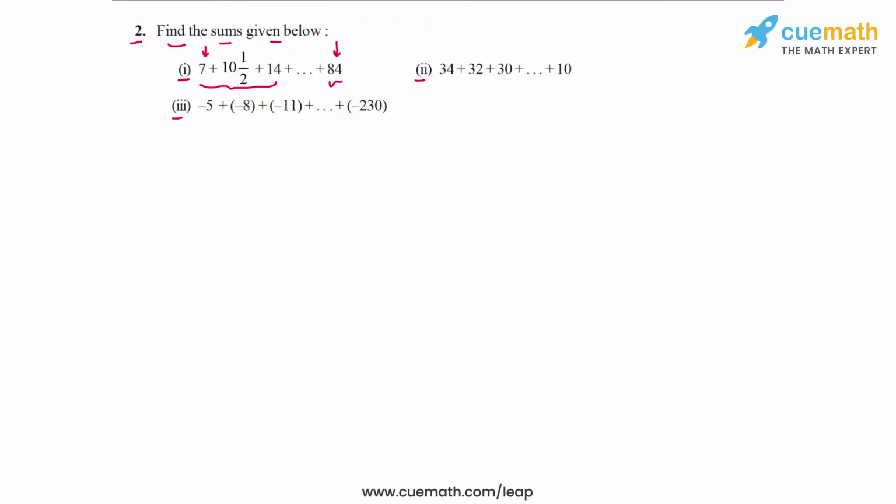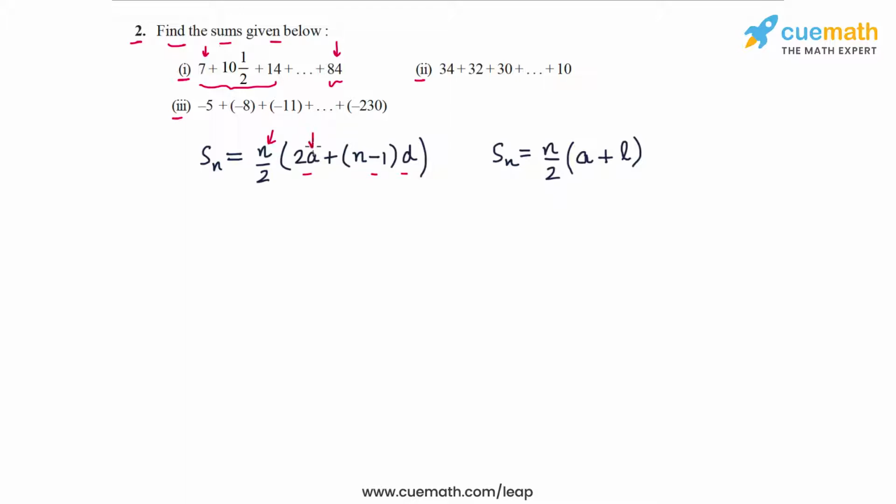There are two formulas that help us find the sum of terms of an arithmetic progression. The first one is Sn equal to n by 2 into 2a plus n minus 1 times d. This formula can be used if we have the number of terms, the first term and the common difference.